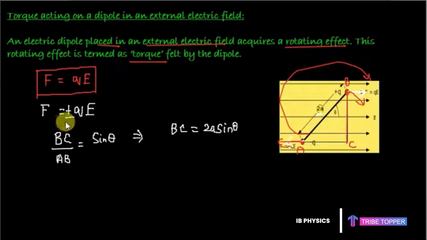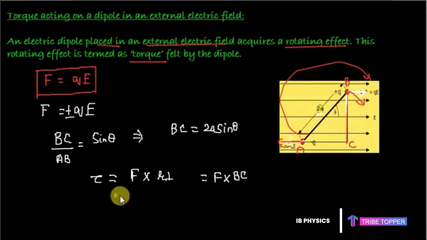Now we know the formula for the torque. Torque is always equal to the force acting times the perpendicular distance between the two forces, that is, the line of action. So we want this distance BC. That's F times BC. Now F is Q times E and BC is 2A sine theta.